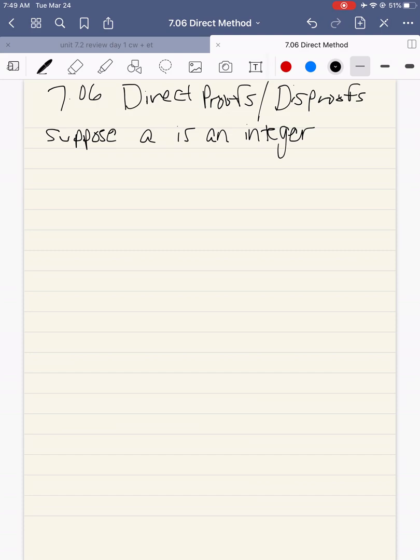If I want to say that A is an integer, I can also rewrite this using symbols as A is an element of, so this curvy E looking thing means an element of or belongs to the set of, and then we can say integers. You can create it like this, which I don't prefer.